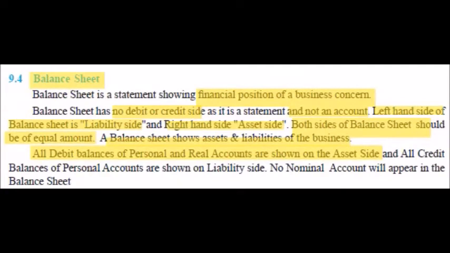But in the balance sheet, the right side is the debit side and the left side is the credit side. Okay, all credit balances of personal accounts are shown on the liability side.